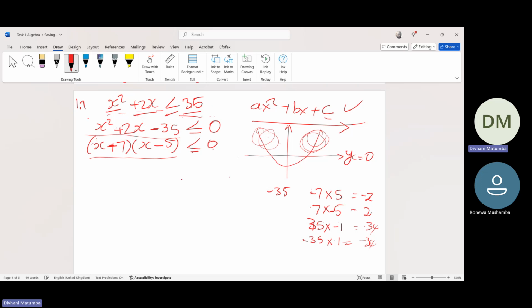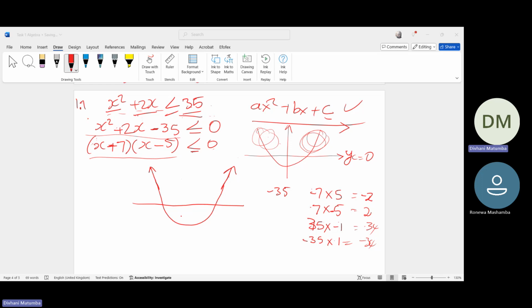So if I were to draw a graph, this is what our graph will look like. Do you agree that this is a smiling graph? Yes, sir. Why do you say it's a smiling graph? Because the arrows are facing upwards, because the coefficient of x squared is positive. Perfect. All right.